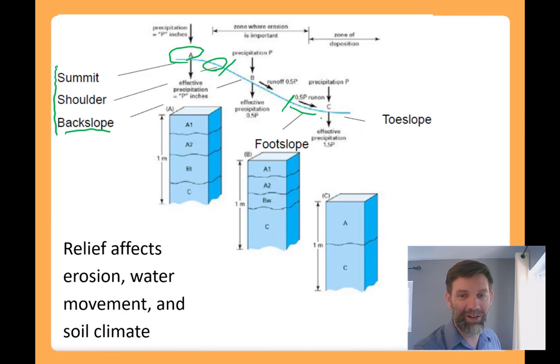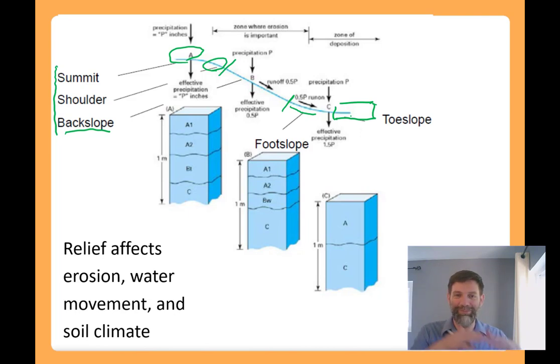That is our foot slope. And then the toe slope is essentially level at the very bottom of the hill. So summit, pretty close to level, toe slope, pretty level, and then we've got these 3 points in between going from starting to slope at the shoulder, steep on the back slope, starting to lessen on the foot slope, and then back to the toe slope.